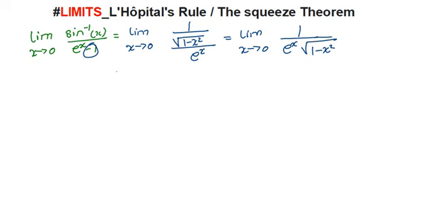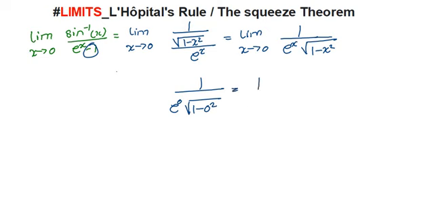When we reach this stage, we try to observe: if we do direct substitution here, are we going to get something indeterminate? We give it a try, that's the only way to know. Here you find that 1 divided by e to the 0, then the square root of 1 minus 0 squared.